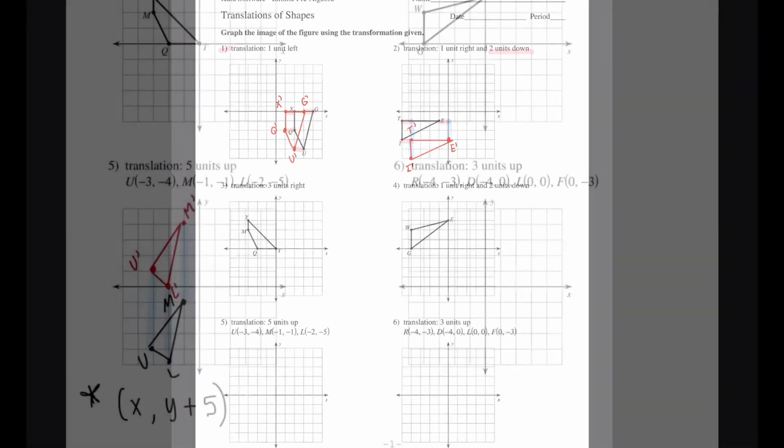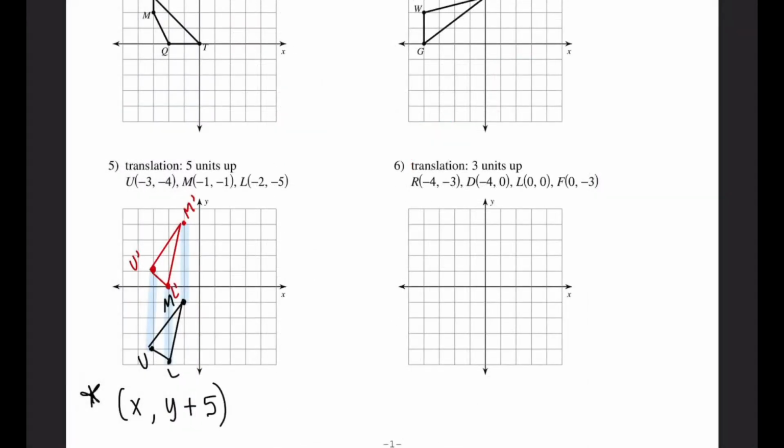Okay, so what I did is I plotted just these points that they already gave me. I plotted all these points, and then I moved each point up 5, which I showed with the blue highlighter. Okay, so now what I want to do is actually write down what these coordinates are.